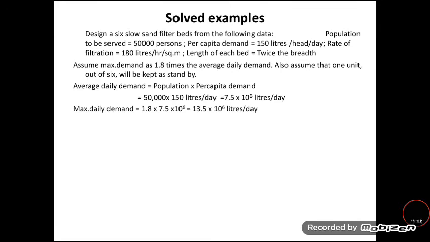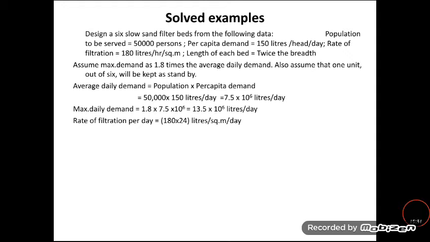So the maximum daily demand is 1.8 times the average daily demand. So we can get the value. The rate of filtration is given as 180 liters per hour per square meter.